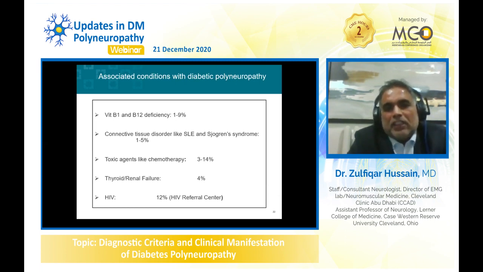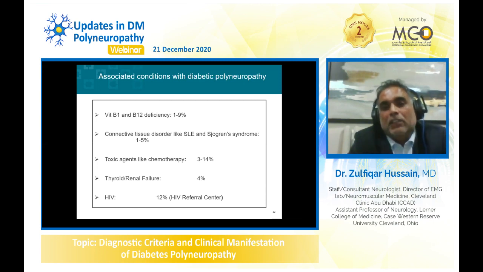A study looked at patients who were diagnosed with diabetic peripheral neuropathy, and more than 50% of those patients had another contributing cause, and mostly the main cause.